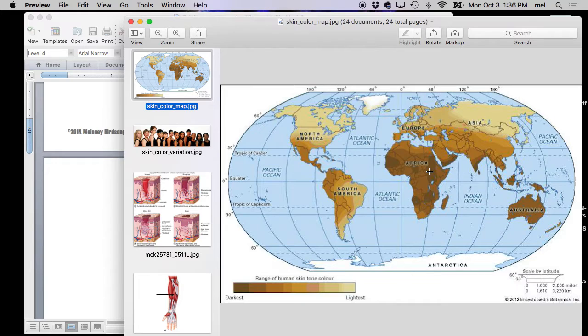But they actually figured out a hypothesis to test, and it's tested out pretty well. And that is that as you move further away from the equator, dark skin, although it's not as necessary to protect from UV radiation, carries a selective disadvantage, and it has to do with vitamin D production.